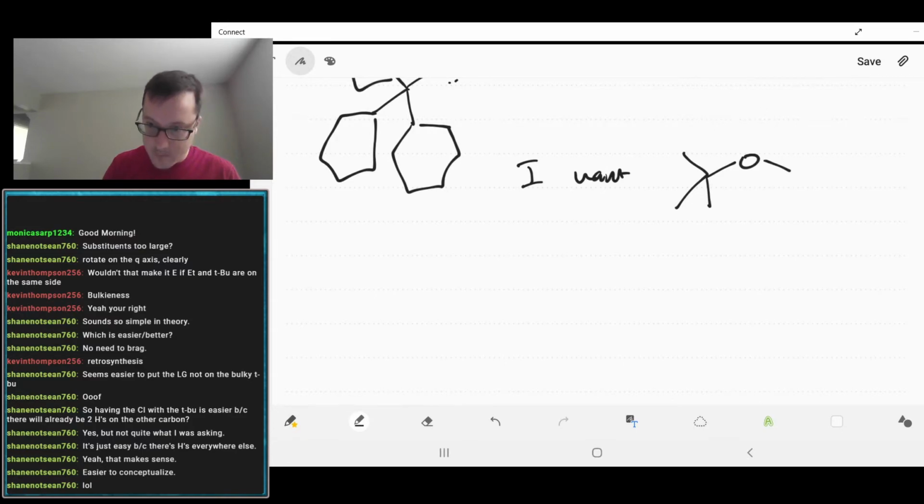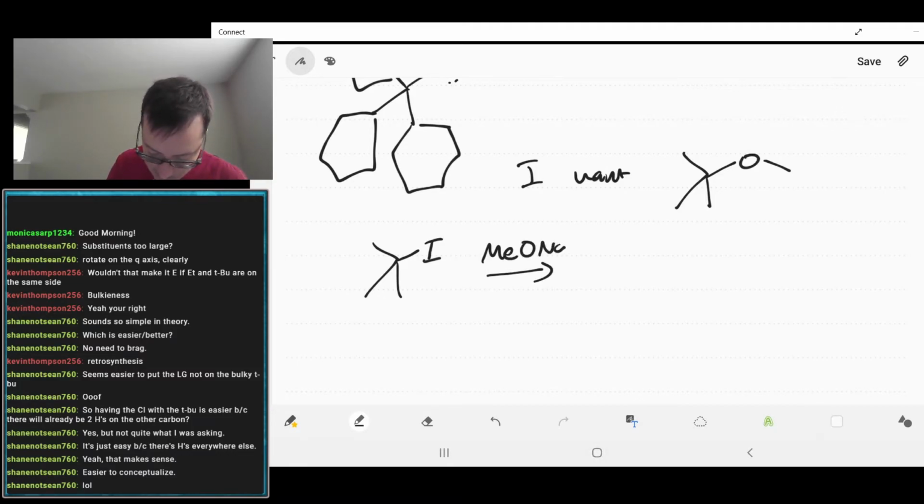And a couple ways to make it. We could say, aha, I'm going to take this thing and react it with. I'm going to actually adjust that. We always put this first.